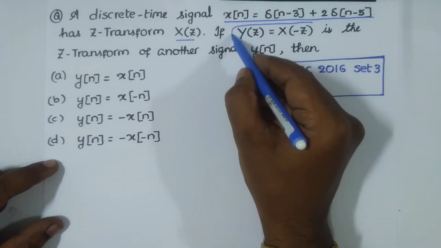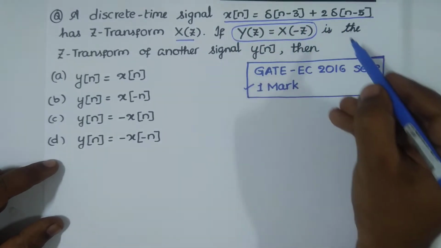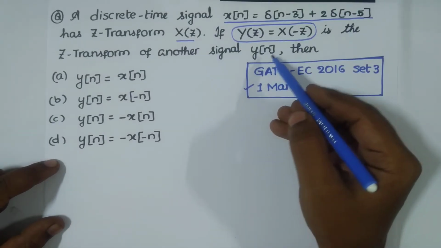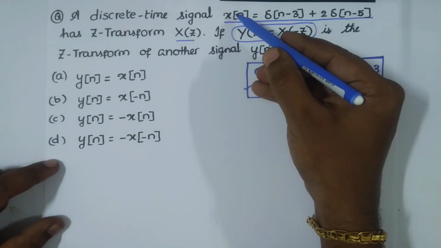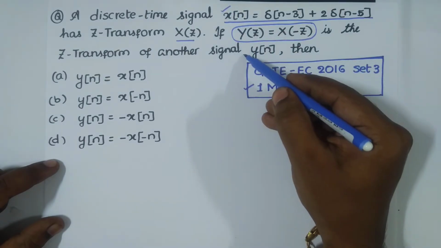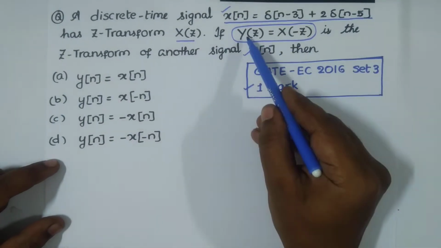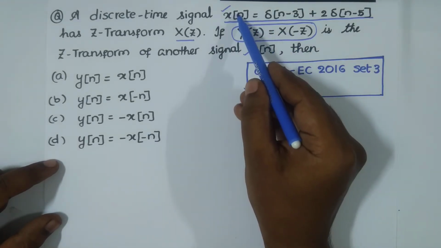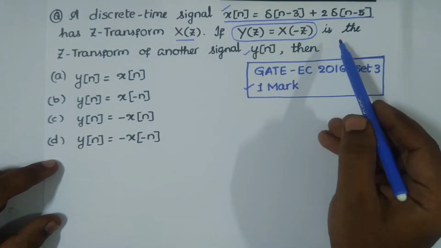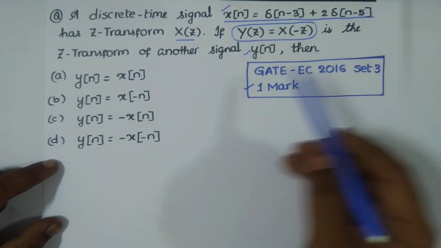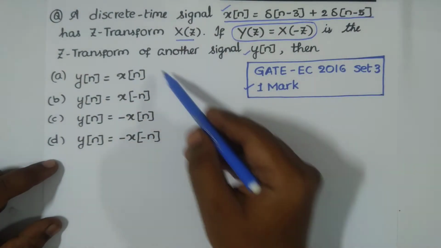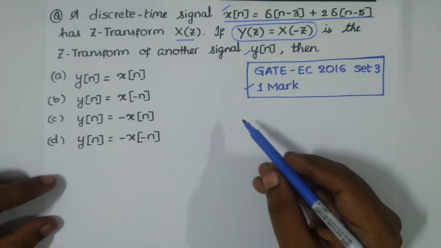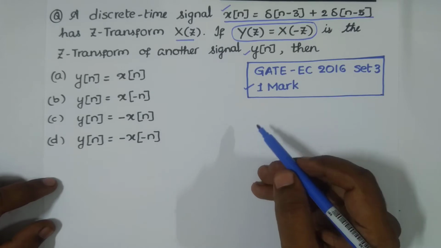Now if Y of z is equal to X of minus z is the Z transform of another signal y of n, so therefore we have a couple of signals x of n and y of n, whose Z transform Y of z is given like this, and we can find X of z of x of n as well. Now he is asking, we have 4 options here.